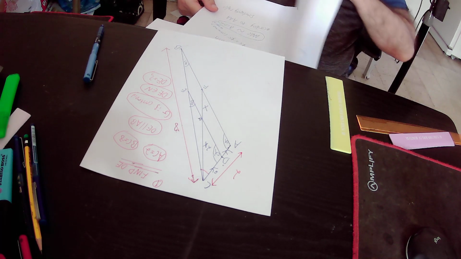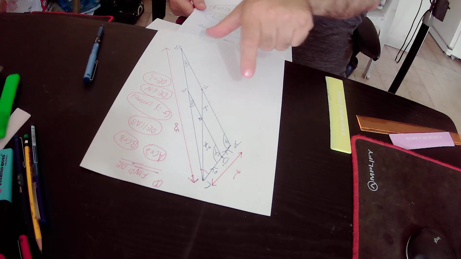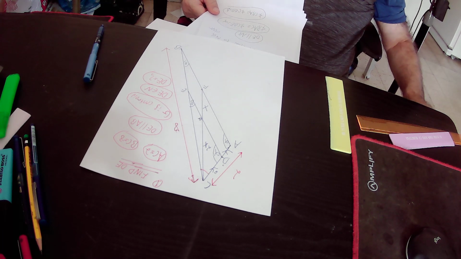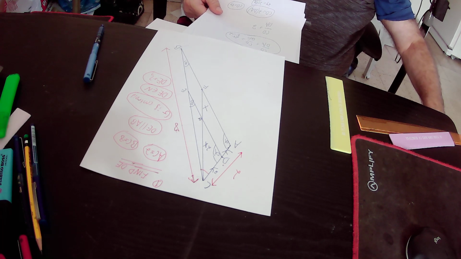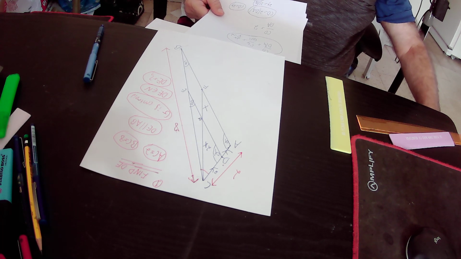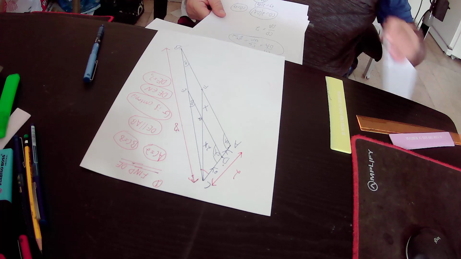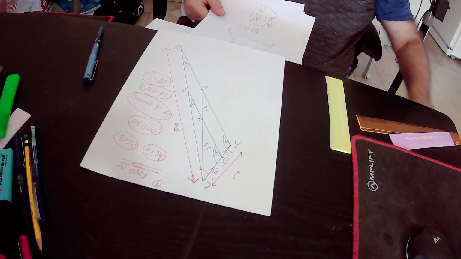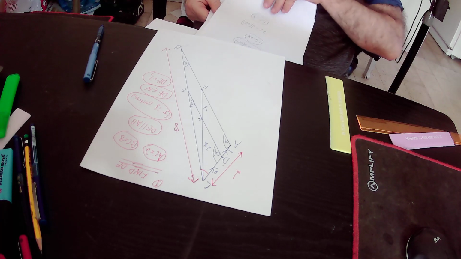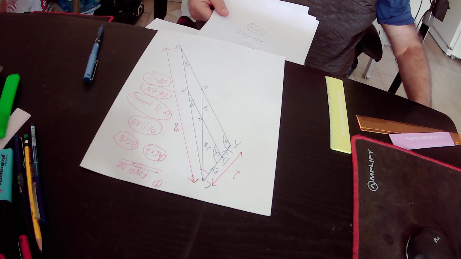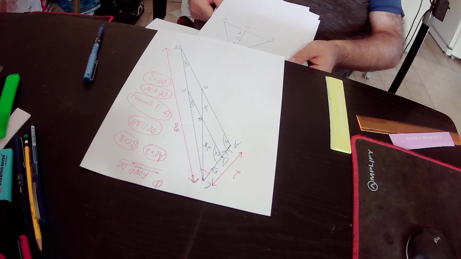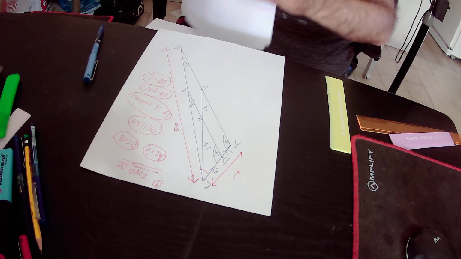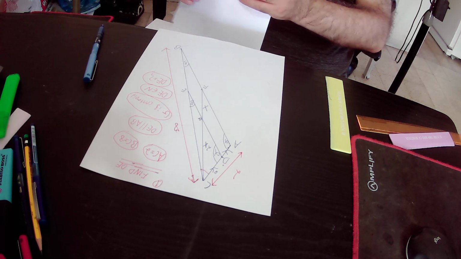We also know that DE is parallel to AB, and we know that G is the centroid of triangle ABC. So what is a centroid? A centroid is the point at which the three medians of the triangle intersect with each other.